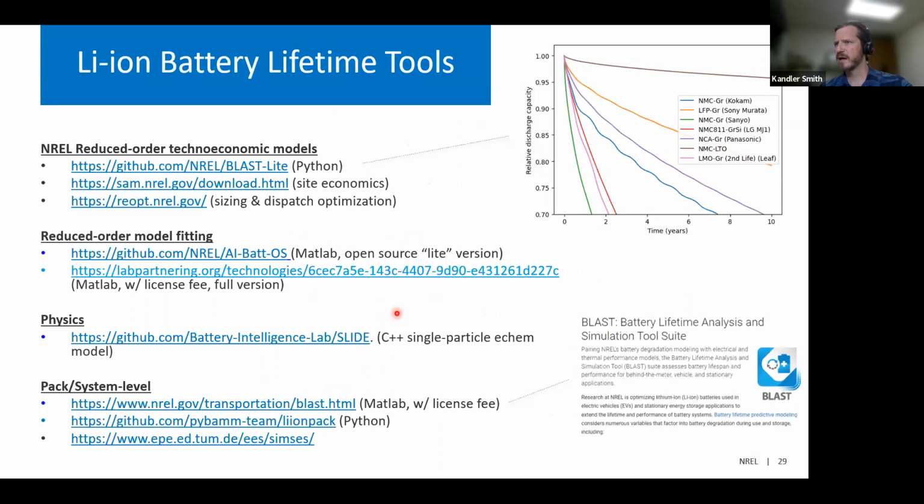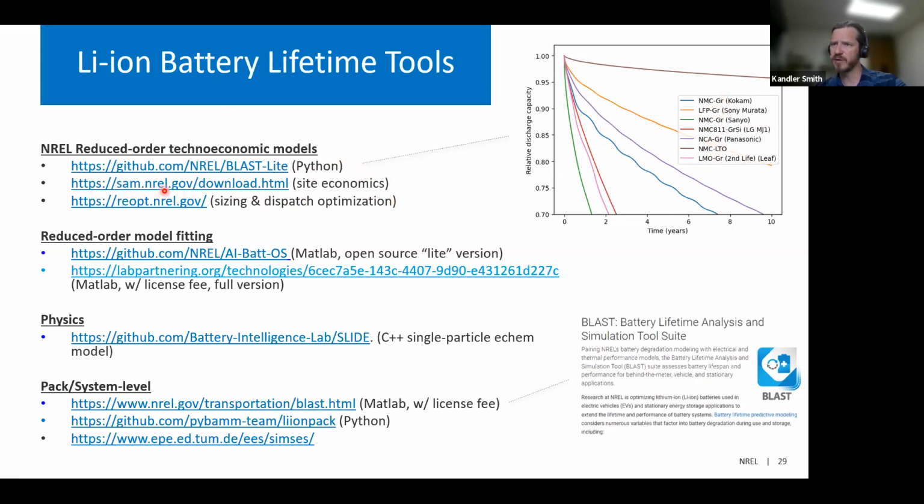Okay, and I assume these slides will be made available publicly, and so feel free to peruse some of these different lifetime tools. Some are from our group. We've got an open source Python set of code that simulates 7 different example cells for which there was public data available. And these are reduced order models. Our reduced order models, we have integrated them in several techno-economic tools.